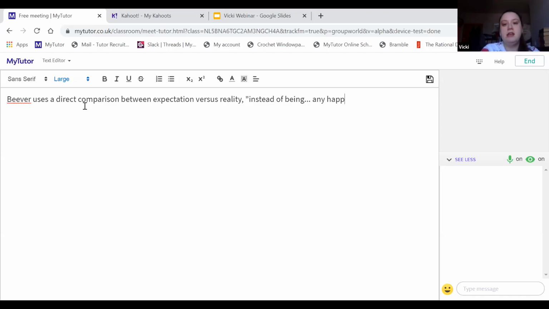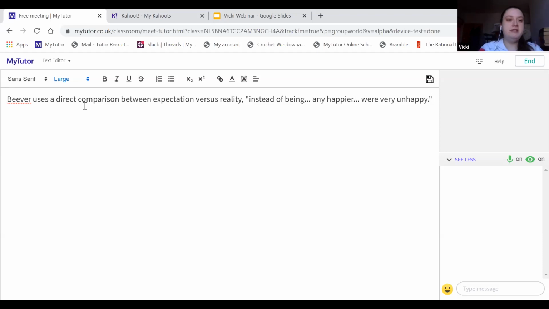The examiners like you to use as short a quotation as you possibly can. So in order to make it relatively small and not to write a massive sentence, I've just used ellipsis where I've chopped little bits out.